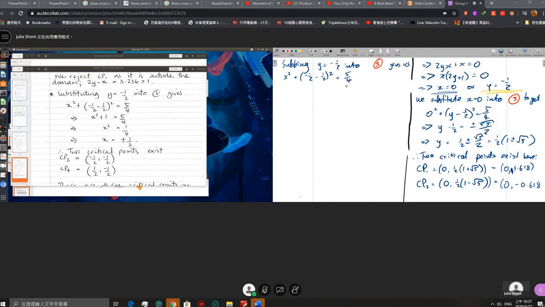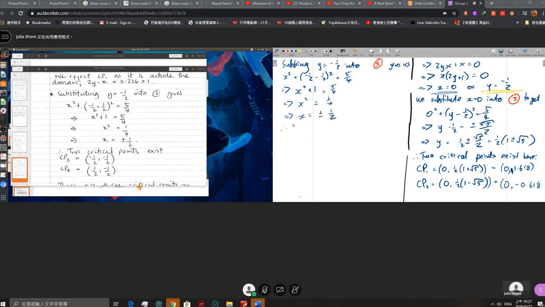So we're just subbing that right in, and that means we get x squared plus 1 is equal to 5 on 4. This implies that x squared is equal to 5 on 4 minus 1, which is just a quarter, which means that x is equal to plus or minus a half.